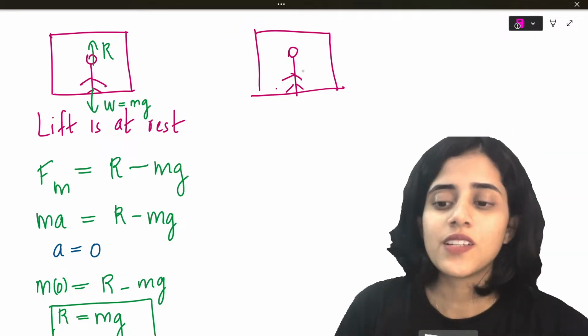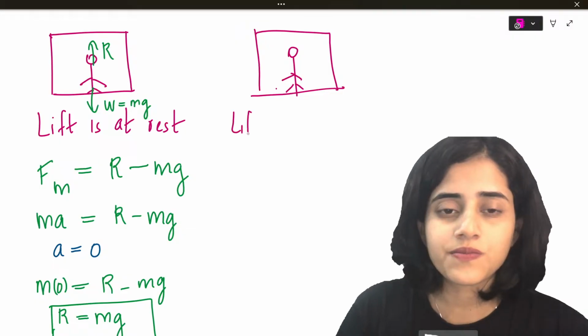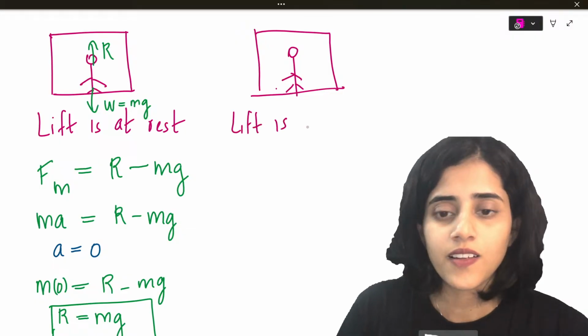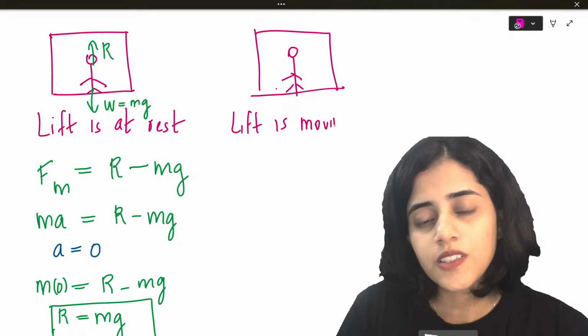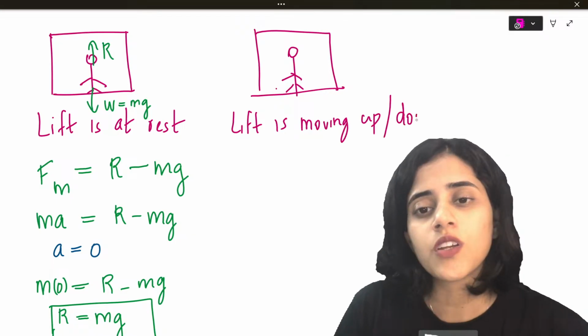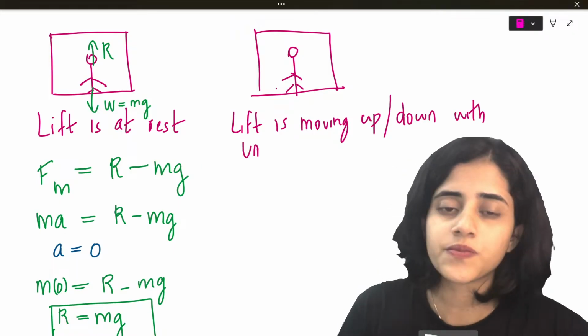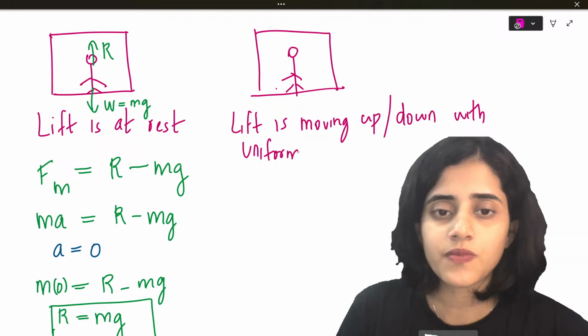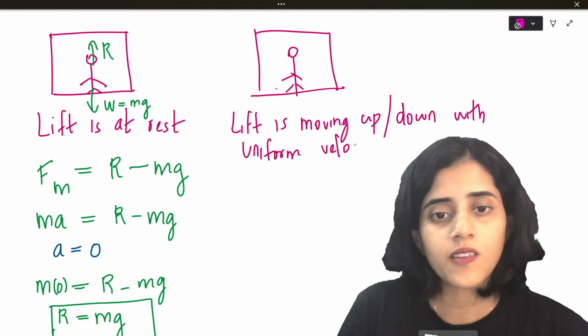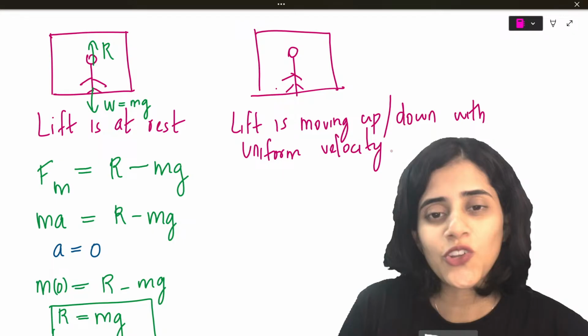Okay, so here, let's take a general case. Lift is moving. It can move up or down with uniform velocity.